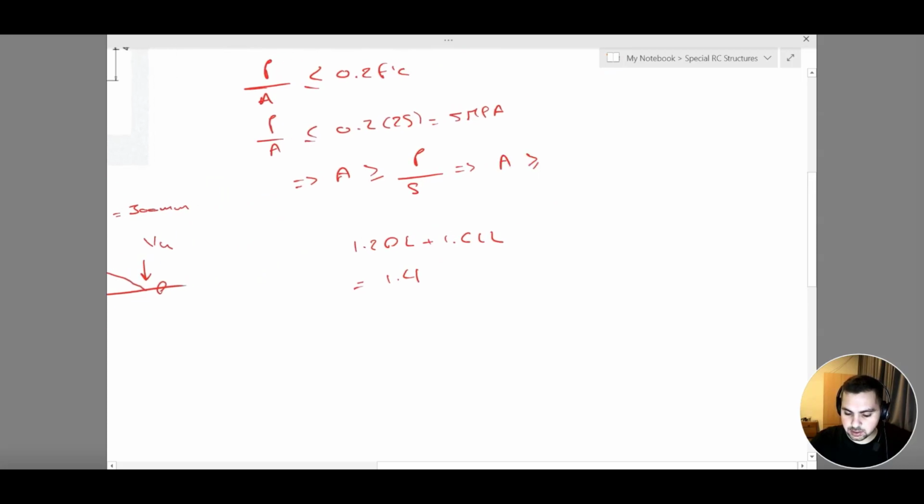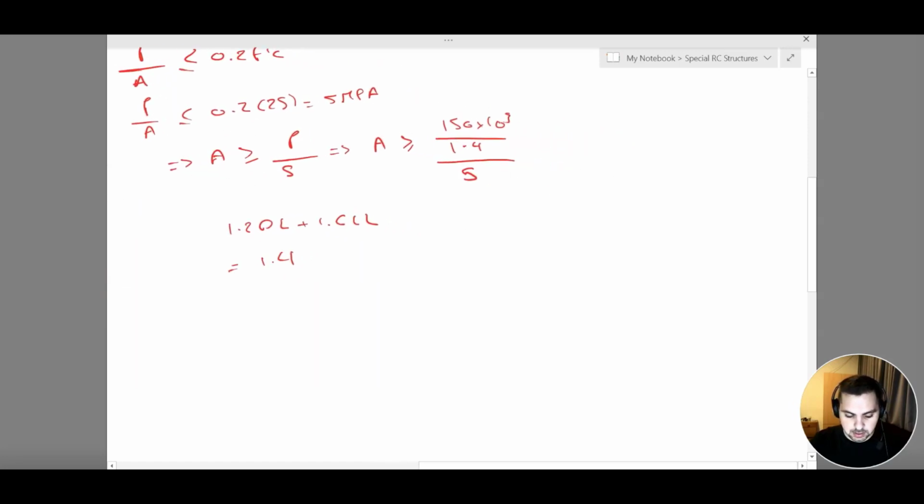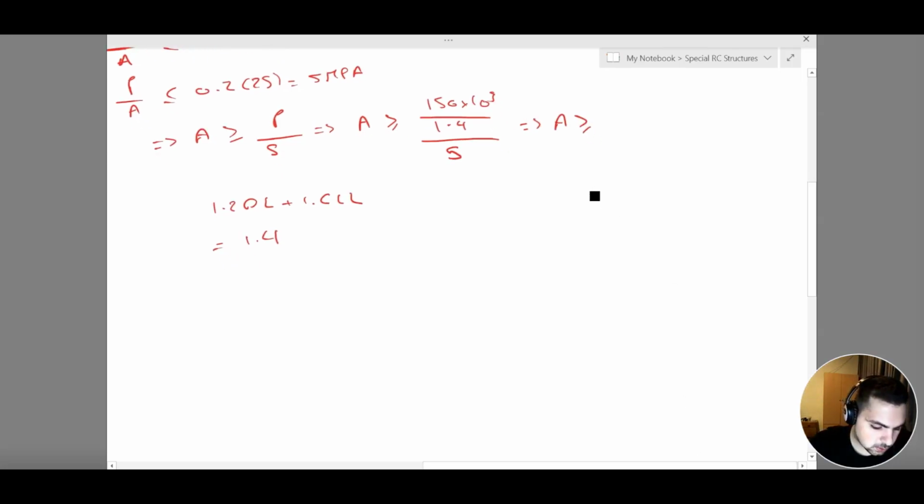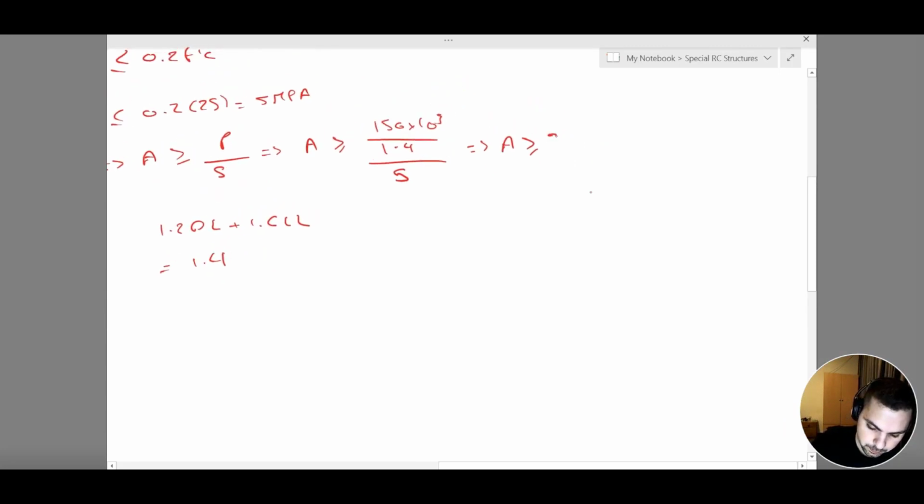So A is greater than or equal to 150 times 10 to the power of 3 over 1.4 over 5. Let's check the calculation, it's equal to 21428 millimeters squared. Again, this is the minimum area that we require.